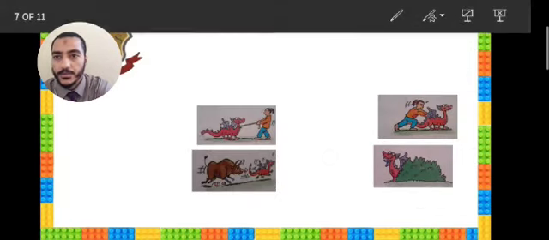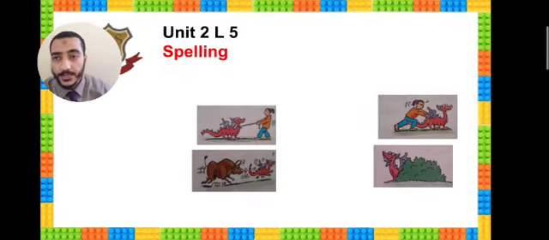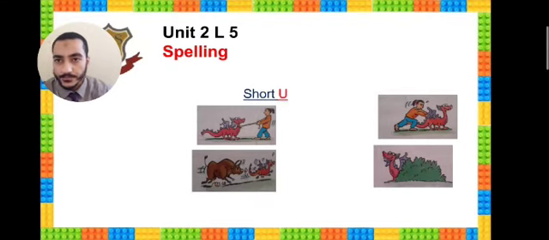Okay, unit 2, lesson 5, spelling or phonics. Today we are going to talk about short U. See these words? The first word is pull.